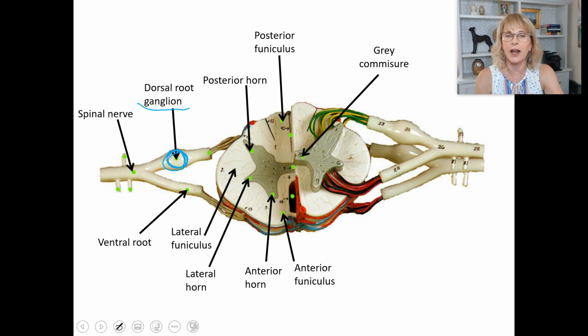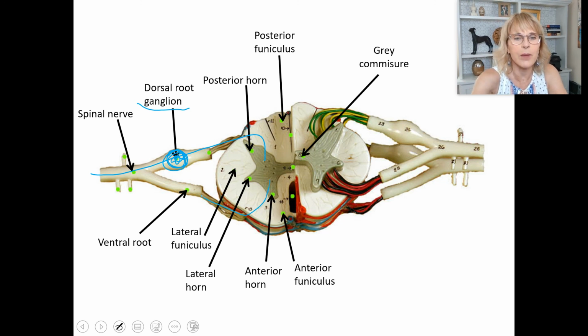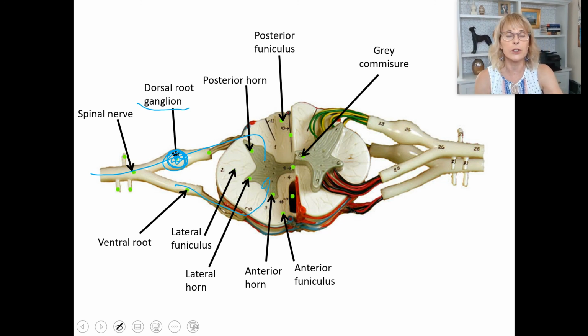Ganglia are areas where lots of cell bodies from lots of neurons hang out together. The cell bodies of the neurons that are bringing information in live at the dorsal root ganglion. The cell bodies of the neurons that are sending information out actually live in the spinal cord.